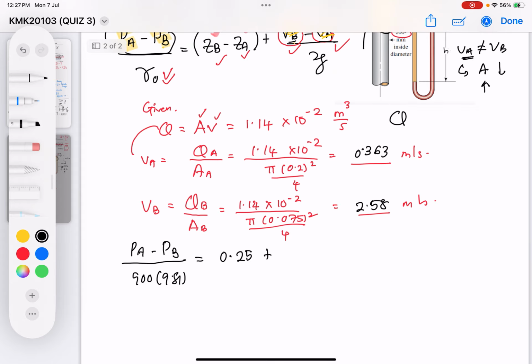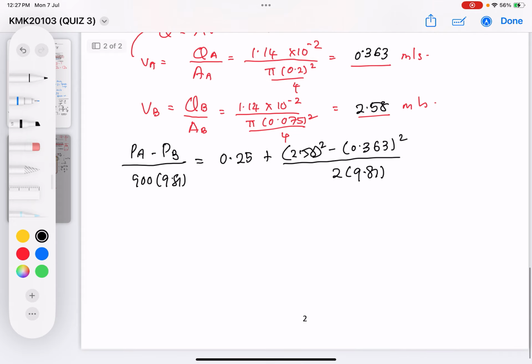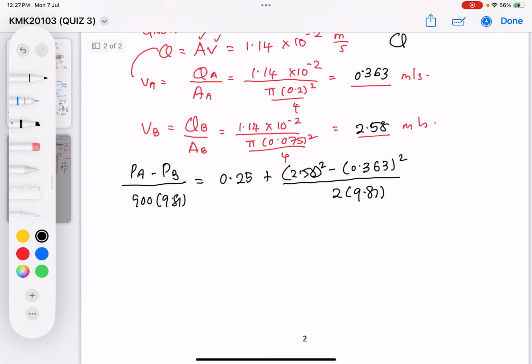I have VB, which is 2.58 to the power of 2, minus 0.363 to the power of 2, divided by 2 multiplied by 9.81. So actually I can solve this one, meaning that I have to solve the term here first, and then I can equalize to this one. Then I can get what is my PA minus PB.